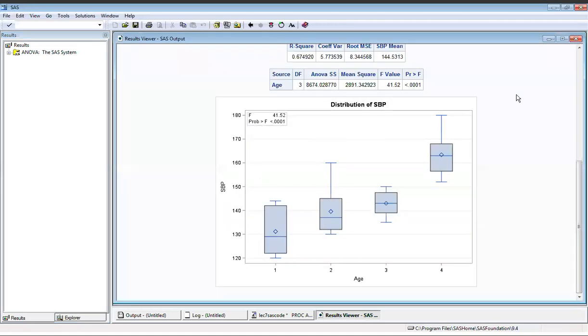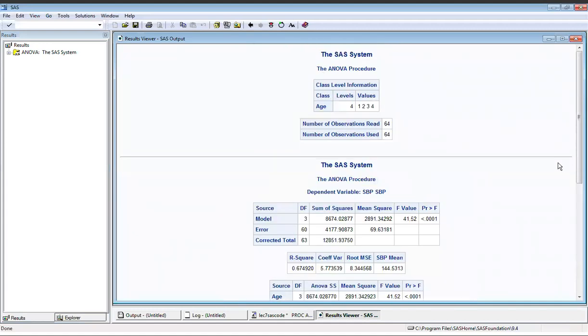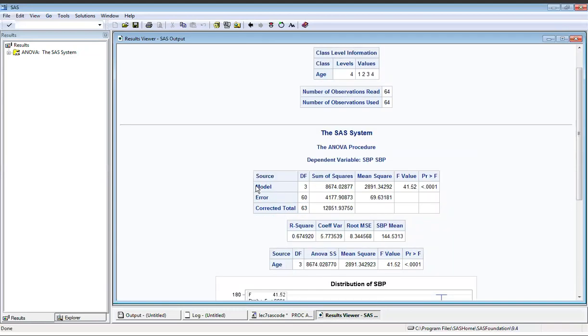All right, so here's the output. So here we only have one factor, age, with 4 different levels, 1, 2, 3, 4, and these are the numbers used by SAS. And the first table is the table for the model with the degrees of freedom.